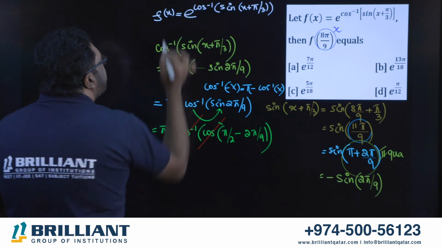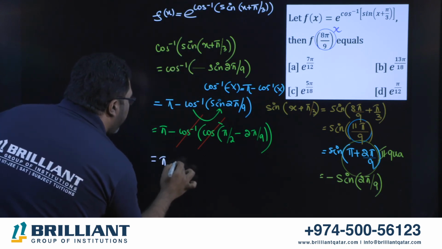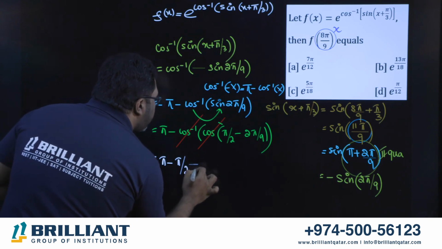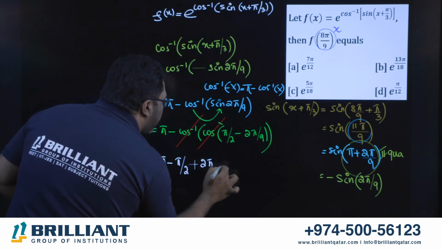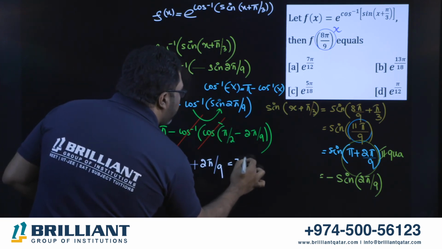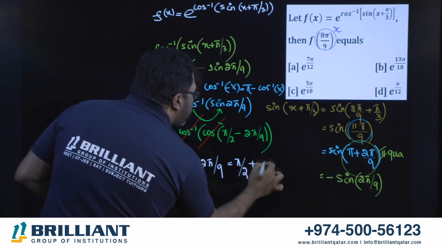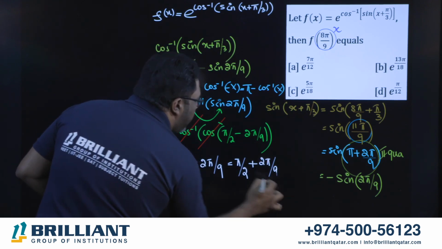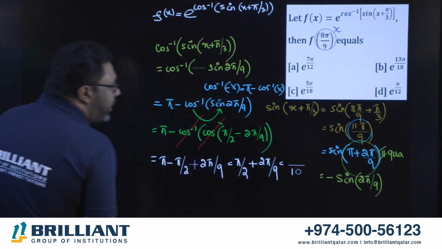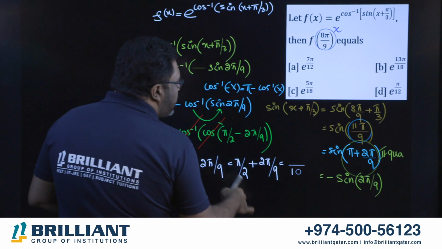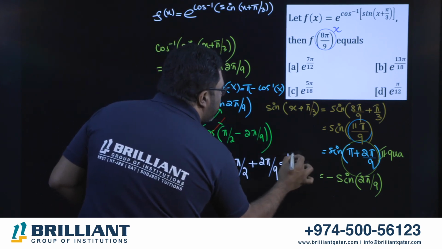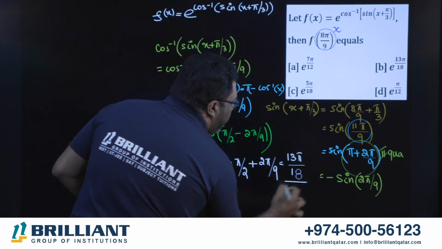So my answer is going to become pi minus pi by 2 minus 2 pi by 9. Because there is a minus outside, it's going to become plus 2 pi by 9. That is equal to pi by 2 plus 2 pi by 9. LCM is 18 and the numerator is 9 pi plus 4 pi, which is 13 pi by 18.